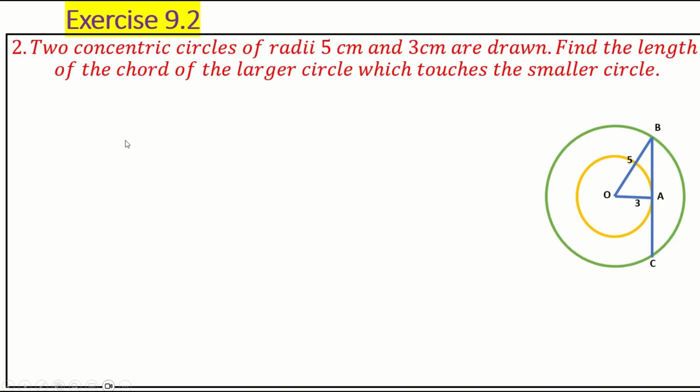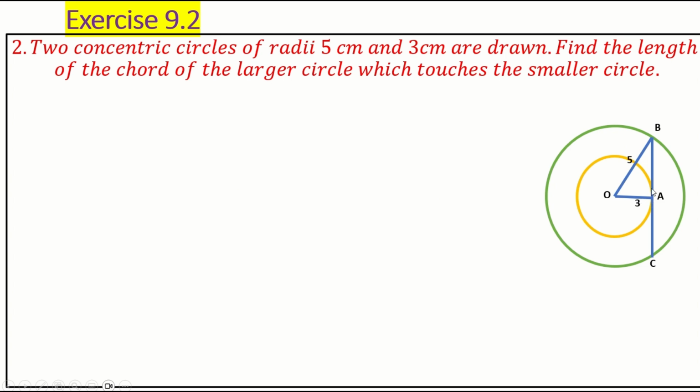Second question. Two concentric circles of radii 5 centimeters and 3 centimeters are drawn. Find the length of the chord of the larger circle which touches the smaller circle. We need to find BC, the length of the chord of the larger circle which touches the smaller circle. These two are given.